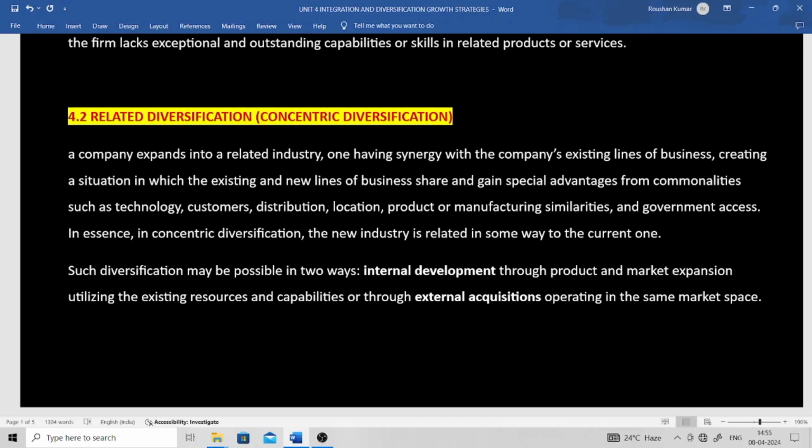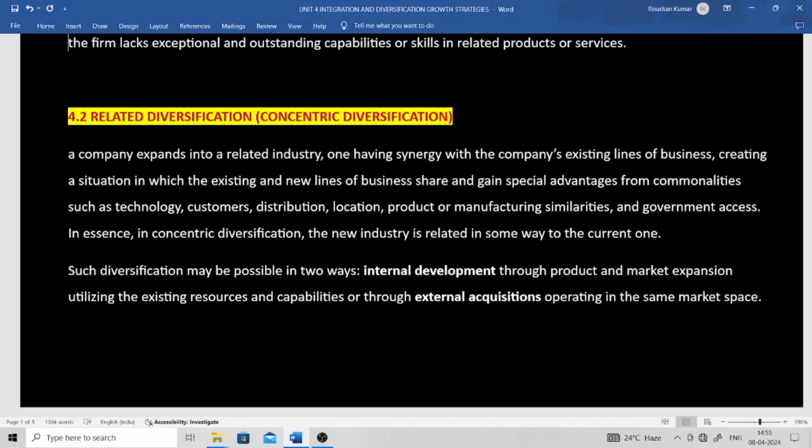So related diversification, or concentric diversification, is useful when there is synergy, meaning whenever there is diversification into the same kind of industry, the organization benefits from the special advantage from commonalities such as technology, customers, distribution, location, product or manufacturing similarities, and government access.